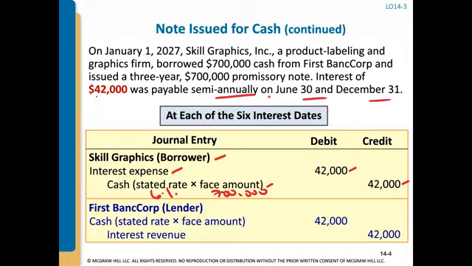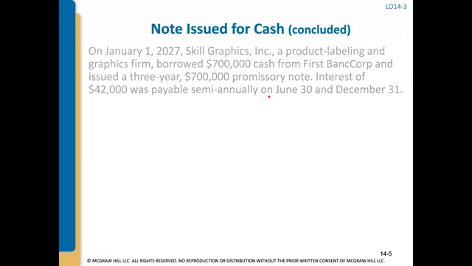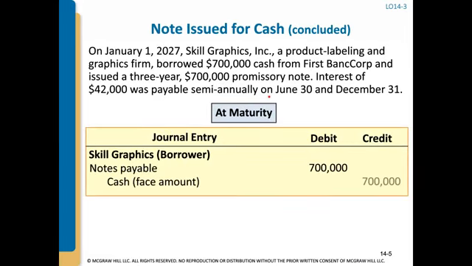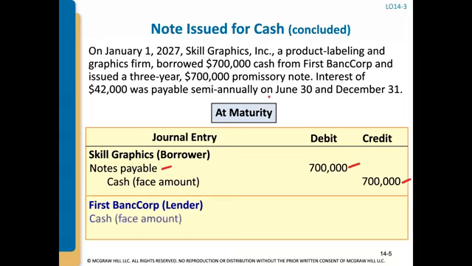And First Bancorp, the bank itself, will debit cash because they received the $42,000. That $42,000 is considered interest revenue, so they're going to credit interest revenue. When Skill Graphics pays off that note, they're going to debit the note payable for $700,000, and they will credit cash for the face amount, the $700,000.